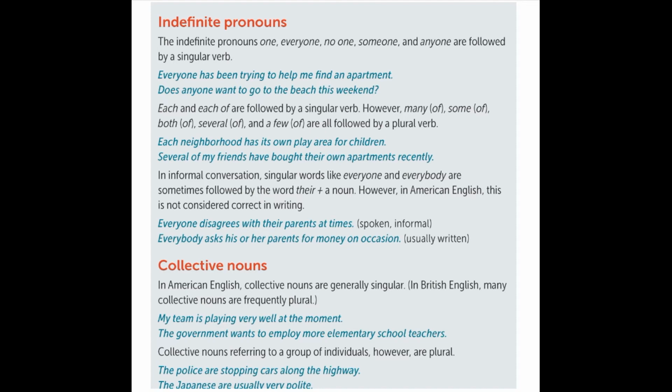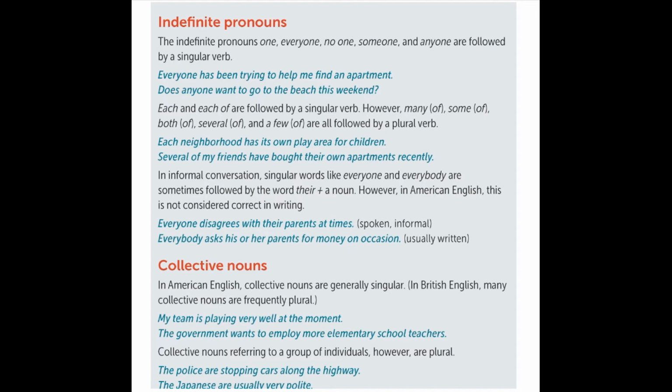Examples: The police are stopping cars along the highway. The Japanese are usually very polite. So remember, for collective nouns referring to a group of individuals, we use the verb in the plural to agree with the subject, right? But when we talk about a collective idea like team or government, we use the verb in the singular. That's the difference, right?